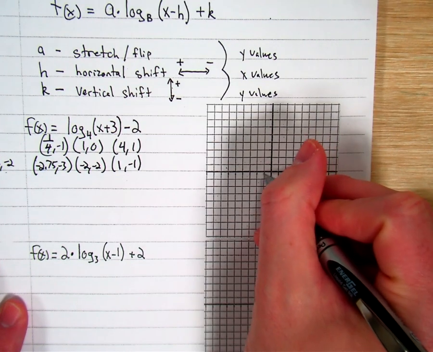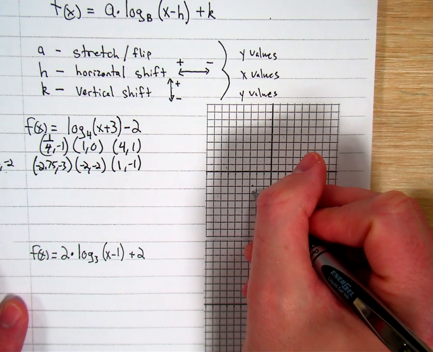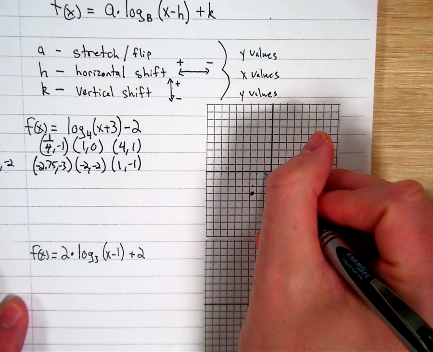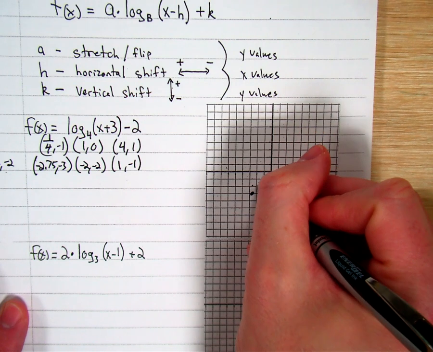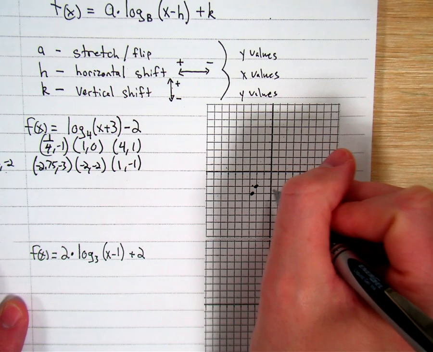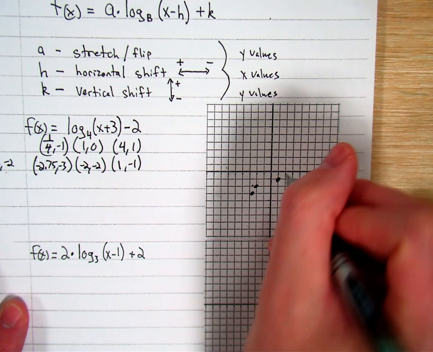So do the best we can there. Negative 2.75, 1, 2, a little bit more there. Negative 3, 2, 3. On a quiz or a test, we'd have to label that. Negative 2, negative 2. And then 1, comma, negative 1.